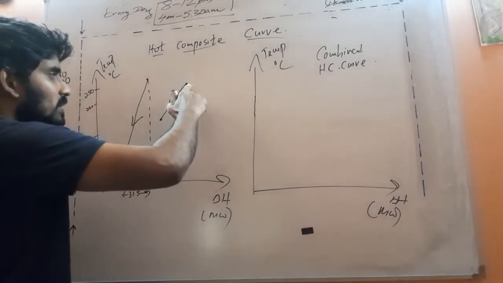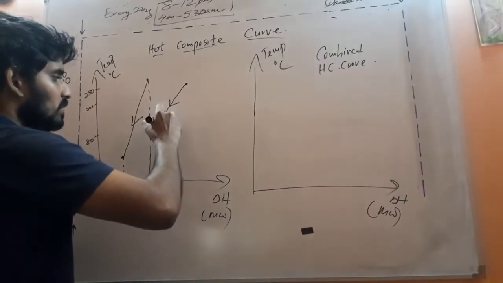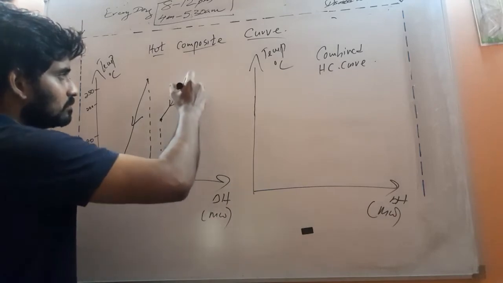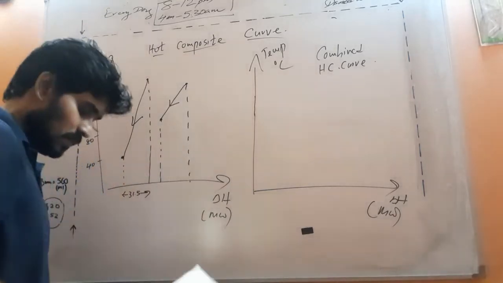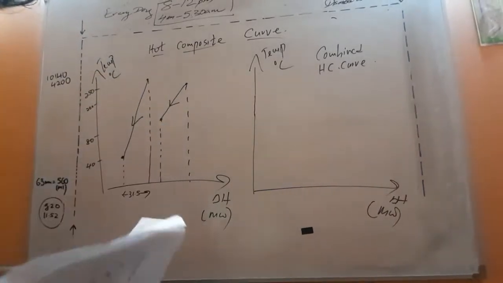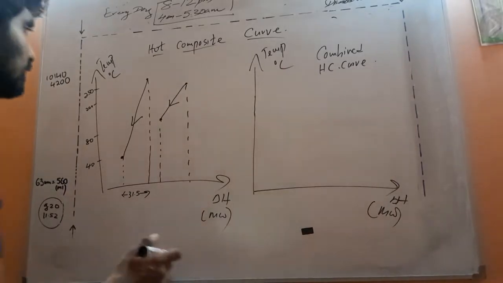Supply 200 is targeted to 80. And what is this width? That width is 30.